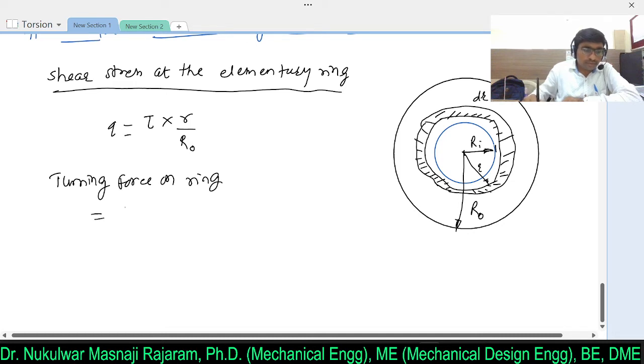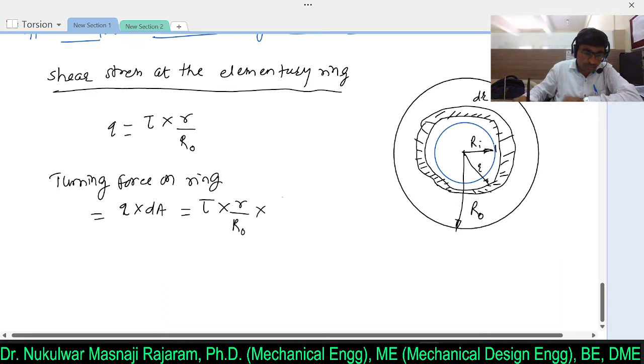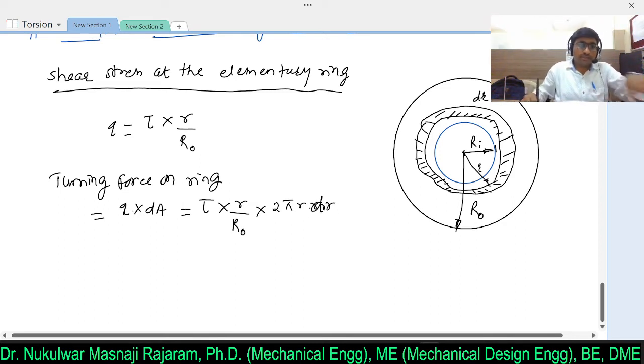So that will be equal to Q, that is shear force acting on ring, into area of ring. Clear? So obviously area of ring, again it will remain same. So tau into small r divided by capital Ro into 2 pi r perimeter into thickness dr. Clear? So that is nothing but turning force on a ring.